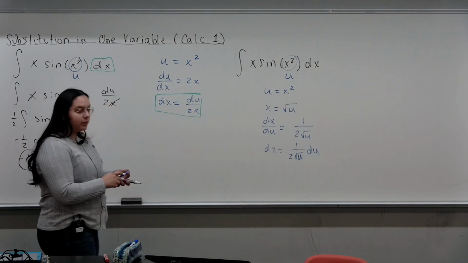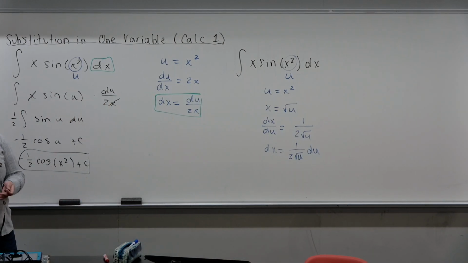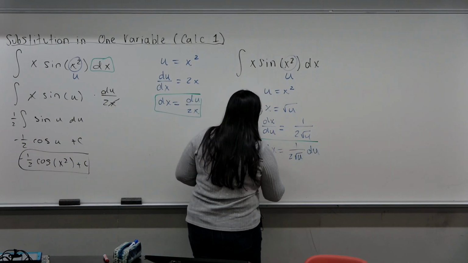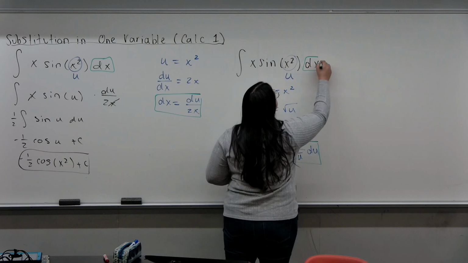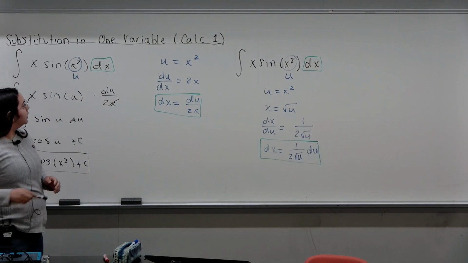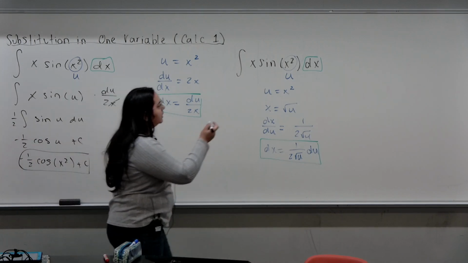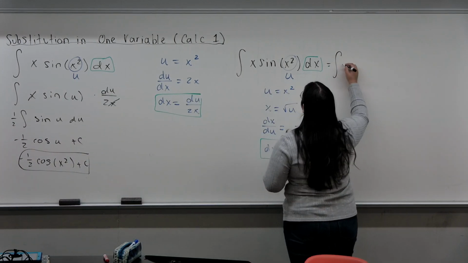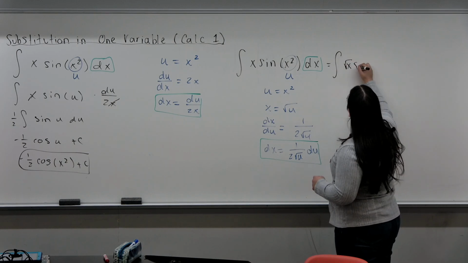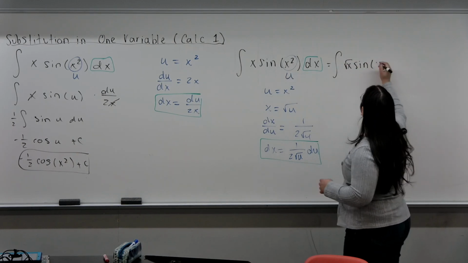So this is a very different way to do substitution. You're now subbing in dx in terms of u. So what do we actually get? The integral of, well, x is the square root of u. Sine of x squared is sine of u.